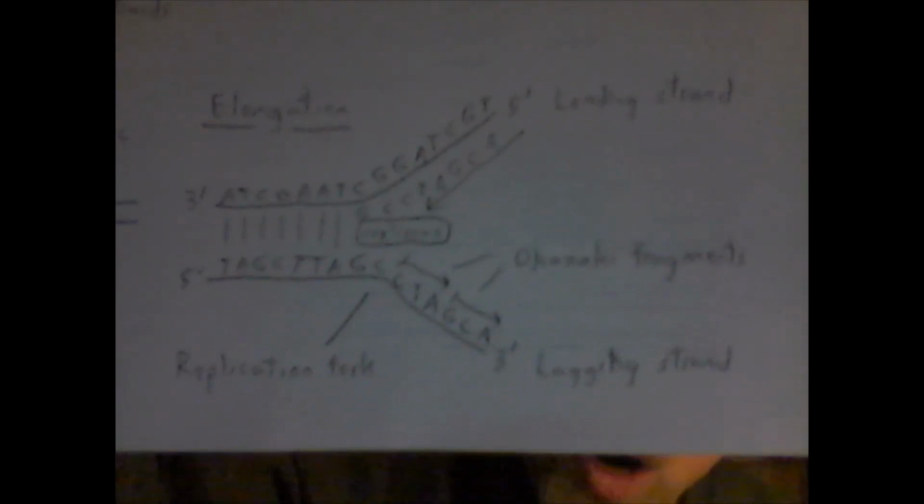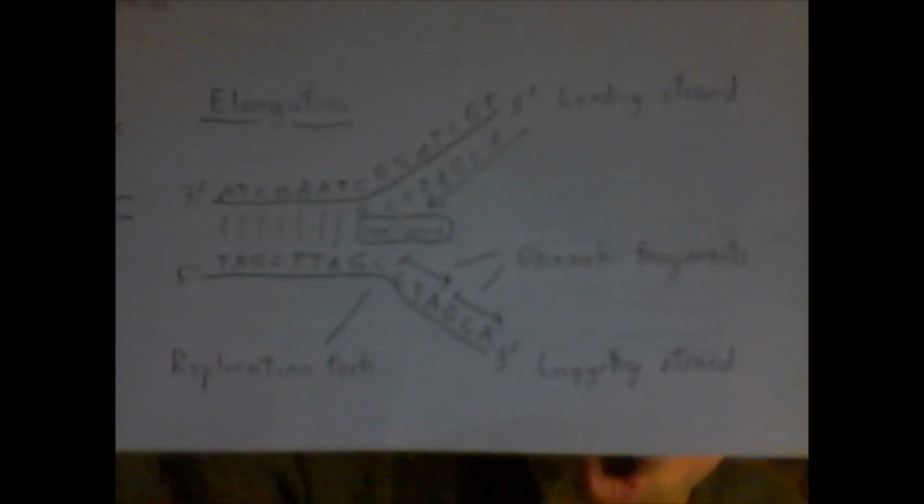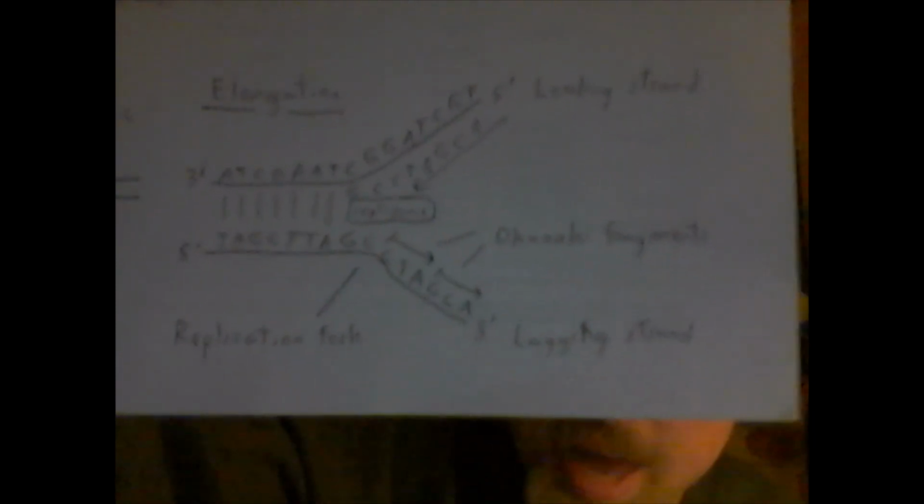Now here's what happens. During elongation, we're going to slowly unzip the strands from each other. DNA helicase is going to be gradually pulling them apart from each other during this whole process. As that happens, the replisome is going to move along the leading strand. The replisome is going to move along the length of the leading strand. It always stays at the replication fork. Whenever you separate more nucleotides from each other, it moves into the gap that formed.